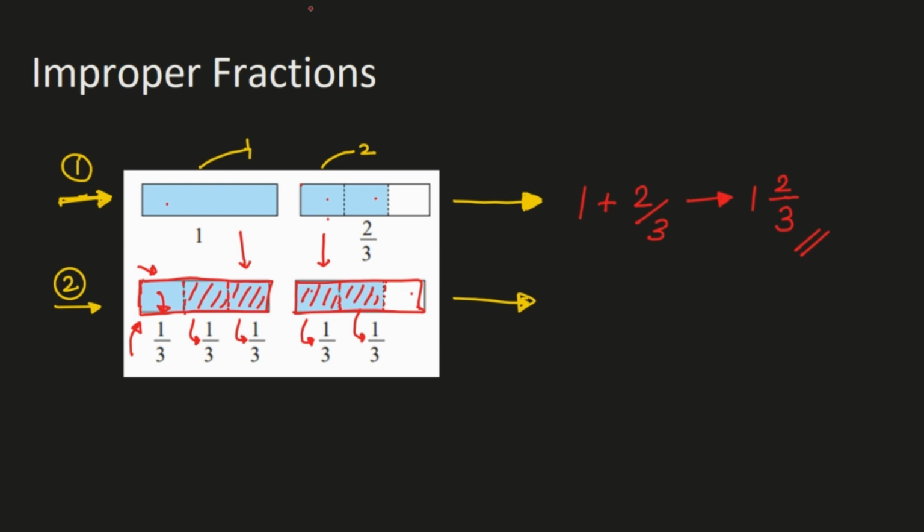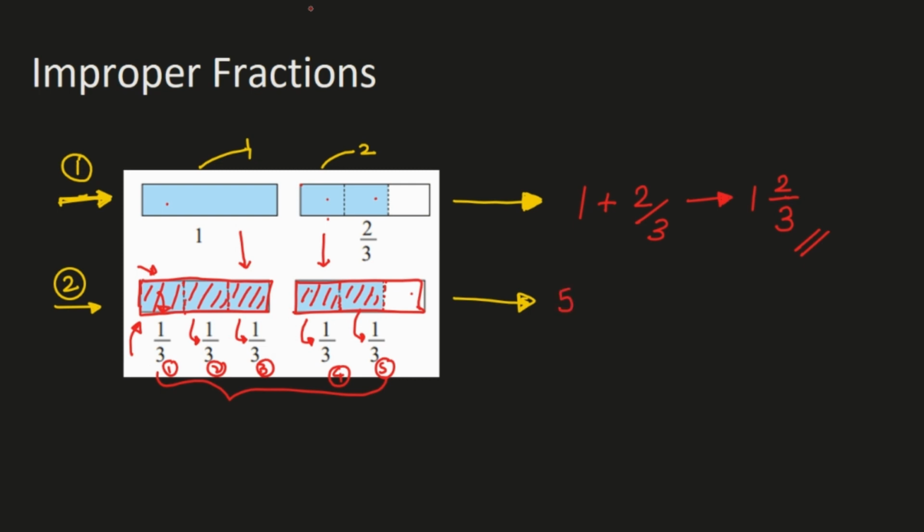So you can see, when you consider the whole colored portions, they are additions of all these 1 upon 3s. How many 1 upon 3s are there? 1, 2, 3, 4, 5. There are 5 1 upon 3s. I'm considering the colored portions, okay?